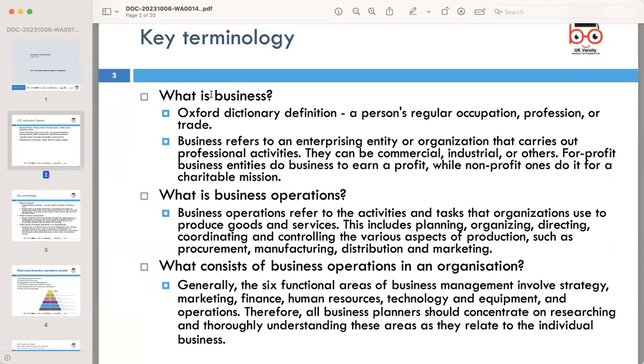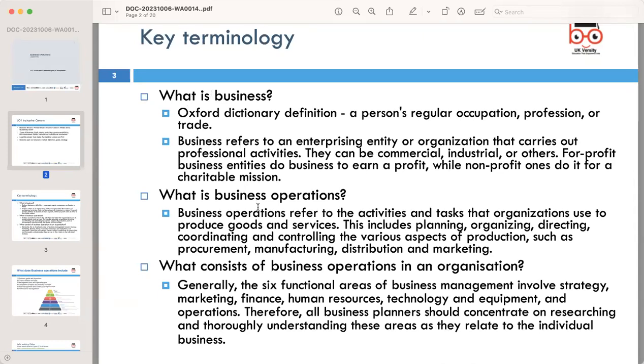In a broader context, business refers to an enterprising entity or organization that engages in professional activities. These activities can be commercial, industrial, or other types. For-profit business entities conduct their operations with the goal of earning a profit, while non-profit organizations do business with a charitable mission in mind.